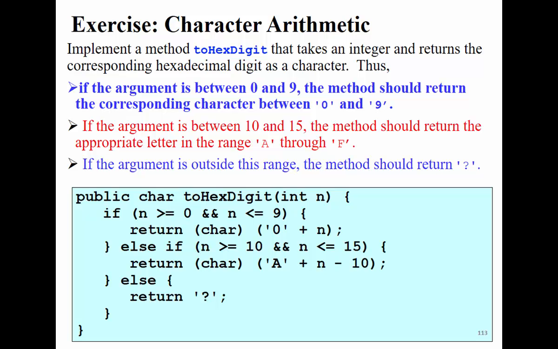Try it at home. Try to put n without adding the Unicode of 0, because you have 1 byte to define all the characters. So when n is equal to 1 and you cast it to character, you will look at the table of Unicode, and 1 will be a different character, okay?